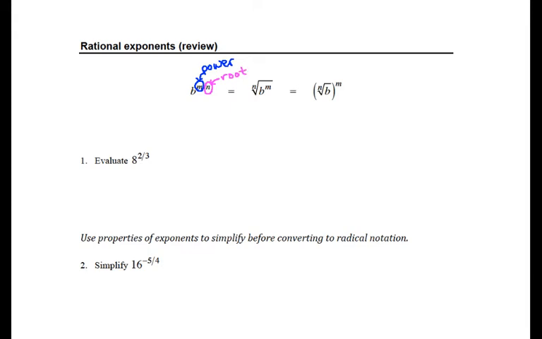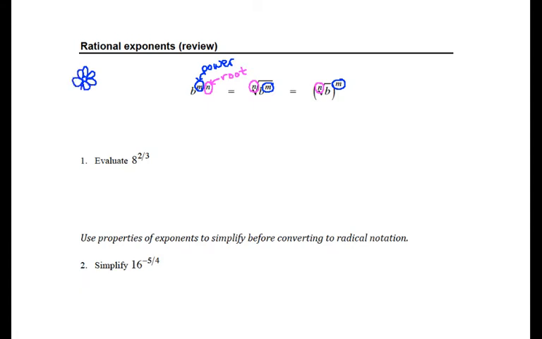Note that the n here ends up being the index of the radical in both of these different ways that I can write the expression, and that the numerator m ends up being the exponent in both of these different ways I have of writing the expression. One way we can remember this is to think of a power as a flower.